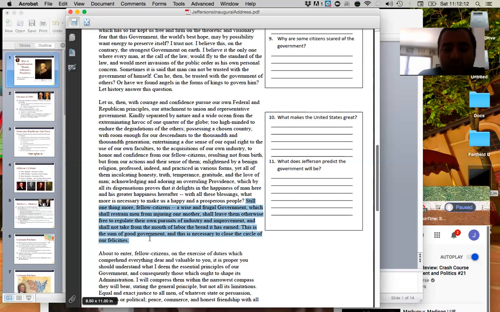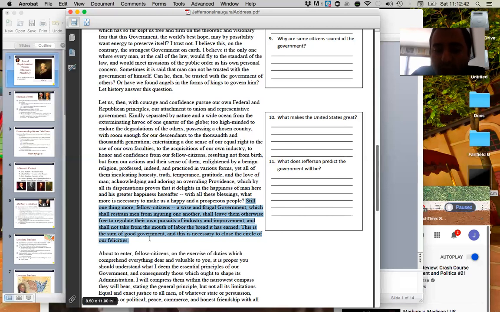Let's take a look. Still, one thing more, fellow citizens, a wise and frugal government, which shall restrain men from injuring one another, shall leave them otherwise free to regulate their own pursuits of industry and improvement, and shall not take from the mouth of labor the bread it has earned. This is the sum of a good government, and this is necessary to close the circle of our felicities.